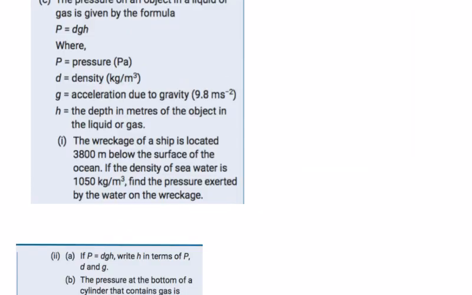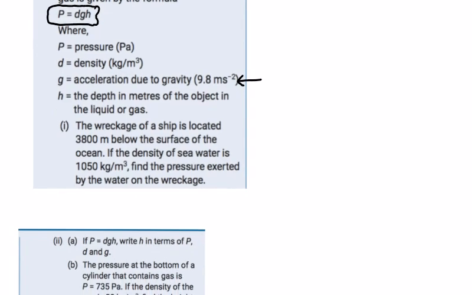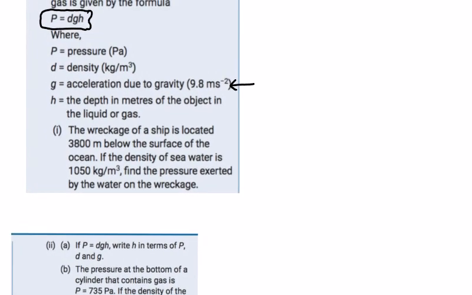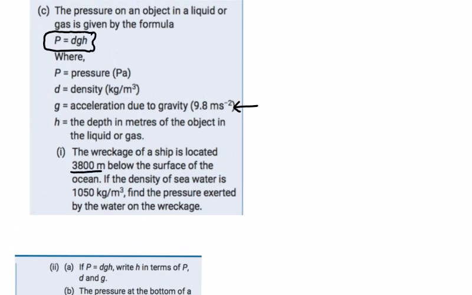In part C, we're given all this information about pressure is equal to dgh, so it's just a formula of 4 unknowns. If we have dgh, we can get p and so on. G is gravity, 9.8, they've given us the number here. H is the depth. The wreckage of a ship is 3800 below. So that's the depth in meters. H is equal to 3800. And we have multiple unknowns.